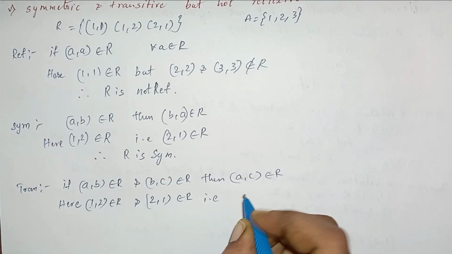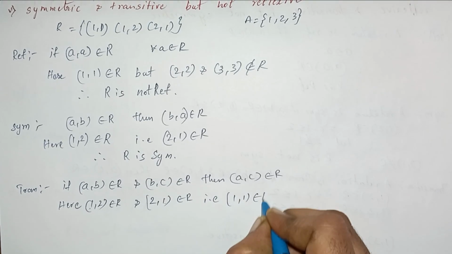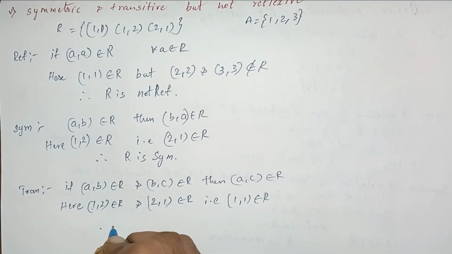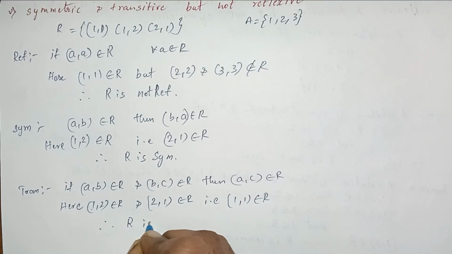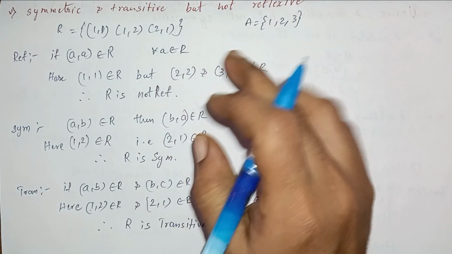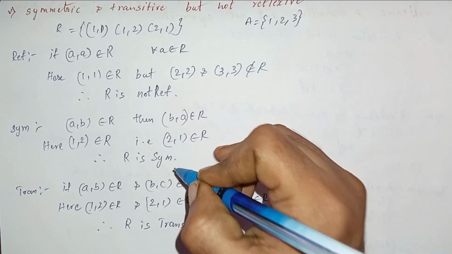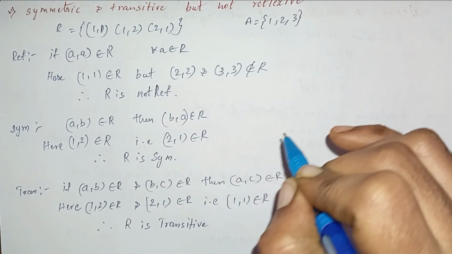So we get (1, 1), which also belongs to R. Therefore R is transitive. So you have to give such an example that does not satisfy reflexive, but satisfies symmetric and transitive.